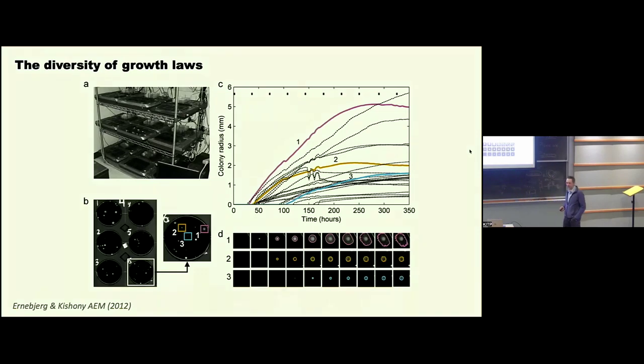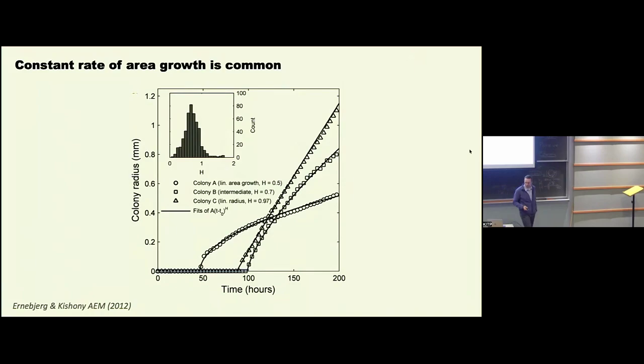The best answer that I know comes again from Roy Kishony's lab, who took office scanners and converted them to measuring apparatus, where he was able to measure, up to 500 colonies at a time, how the radius increases with time. And so for a variety of soil isolates, you have trajectories of the colony growth. Generically what they found is that microbes are well described by a power law, and you have a distribution of exponents that characterize that power law.